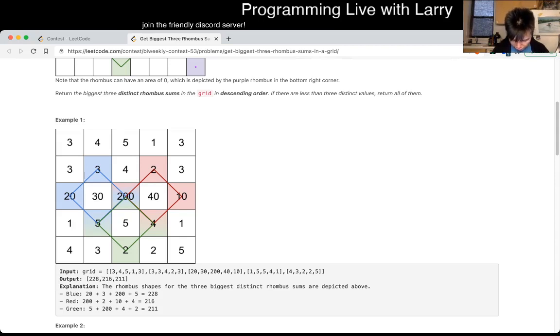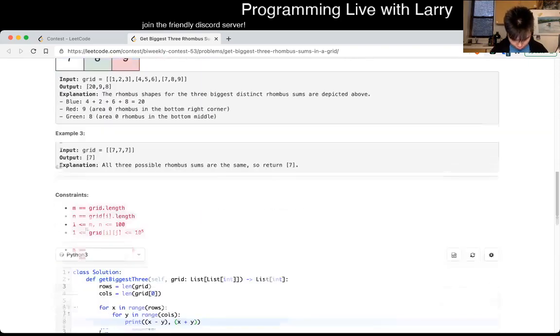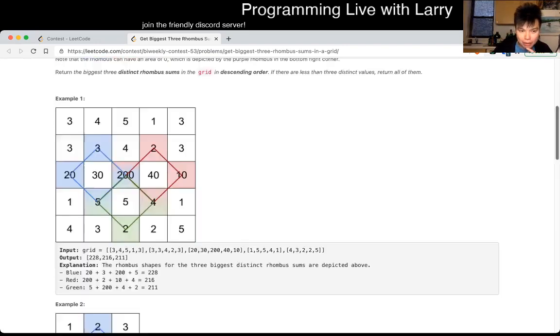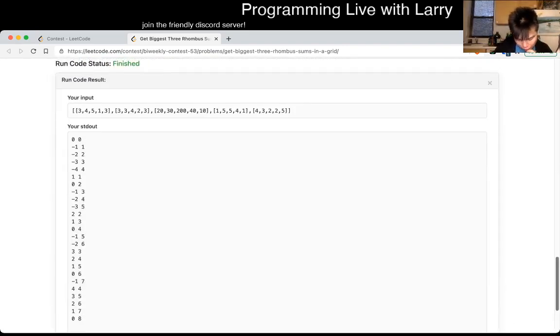Trying to figure out basically the negative. So what I'm doing makes no sense, but okay, I mean it makes sense. It's just that I'm doing it backwards. Maybe.